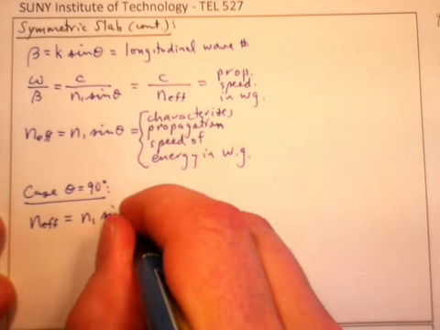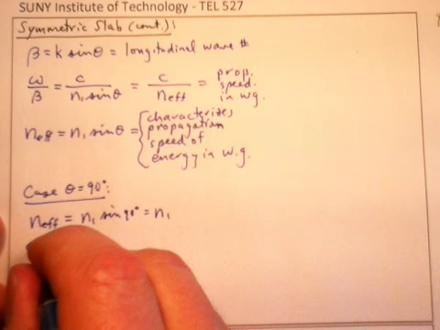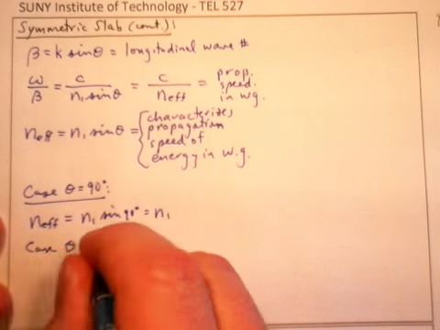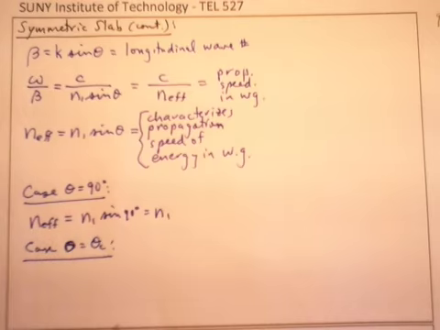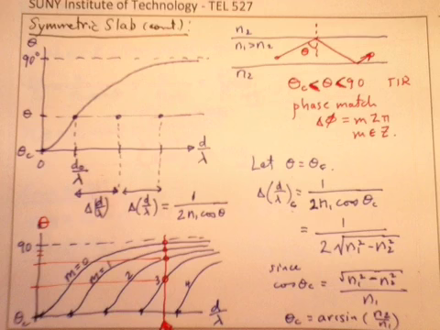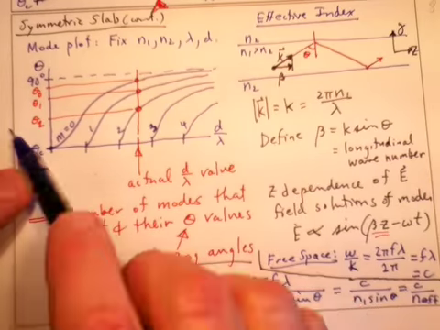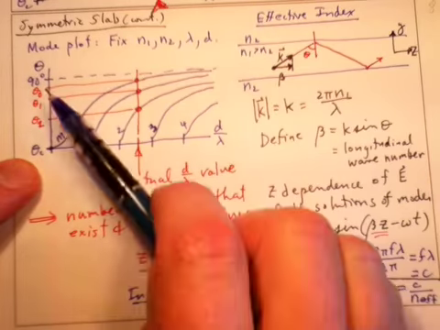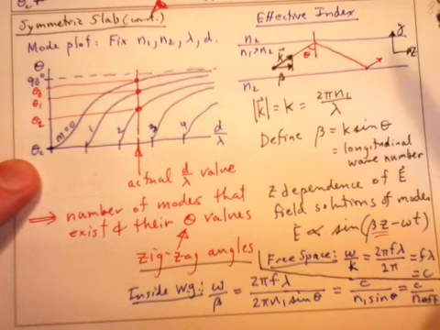In the case of theta equaling the critical angle, which is the other extreme, remember that in our mode plot, we have to keep theta in the range from theta critical up to 90 degrees because these are zigzag rays that we're assuming are undergoing total internal reflection.